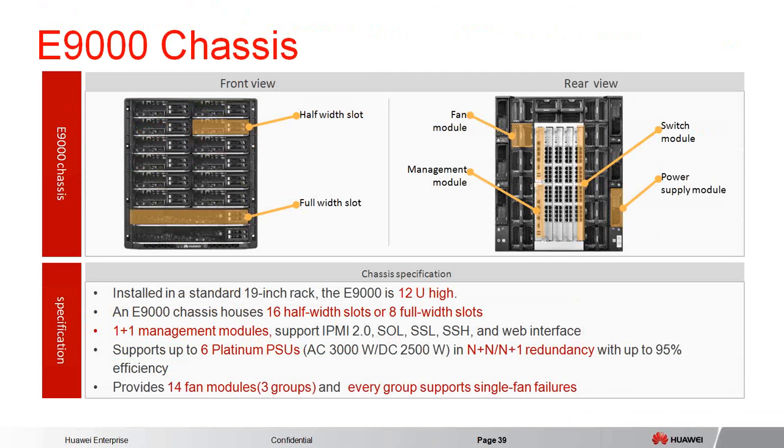You have your switch modules, your power supply module, and your management module, which is your gigE, and of course the fan module that constantly monitors the health of the system and distributes the cooling based on the usage of the system. It has N+N or N+1 redundancy, up to 95% efficiency, provides 15 fan modules, and supports IPMI 2.0, SOL, SSL, SSH, and web interface.